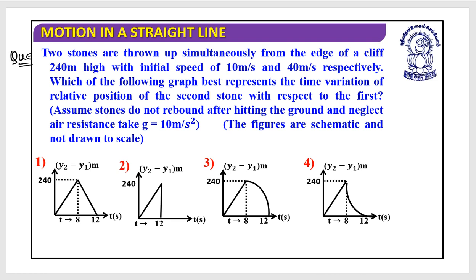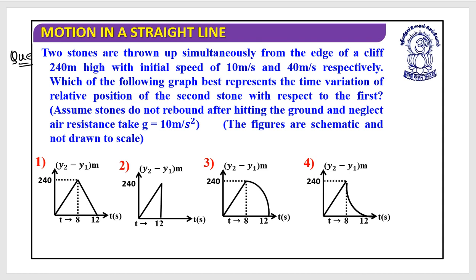What they said: two stones are thrown up simultaneously from the edge of a cliff 240 meters high, with initial speeds of 10 and 40. Which of the following graphs best represents the time variation of the relative position of the second stone with respect to the first?